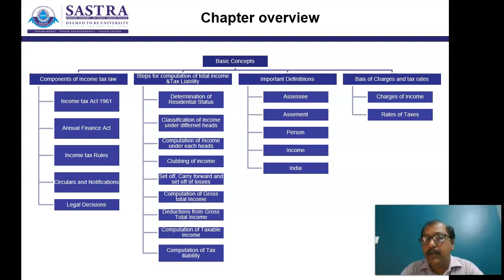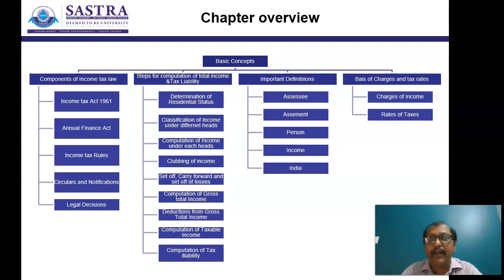Say for example, if a minor person has got an income, this income can be clubbed with the parent's income, maybe father or mother, something like that. Or suppose if the income of the spouse is there, that can also be clubbed together. So clubbing of income is going to be the next step, and then setting off or carry forward of your income is going to be the next step that could happen.